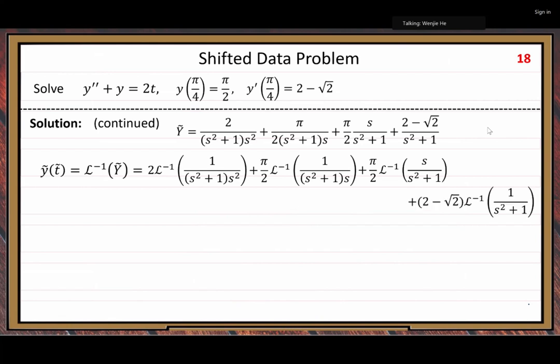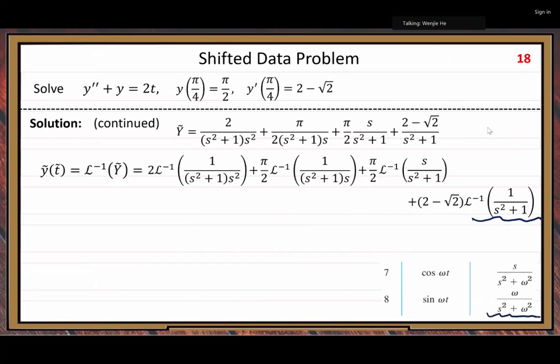Okay? Next, we need to find appropriate formulas. Let's write down sine, cosine. Look at the last one, inverse Laplace. Can we get the inverse Laplace transform from this one?